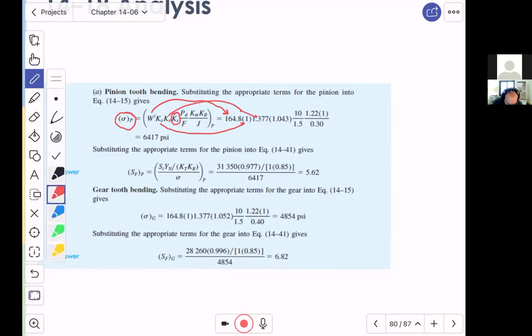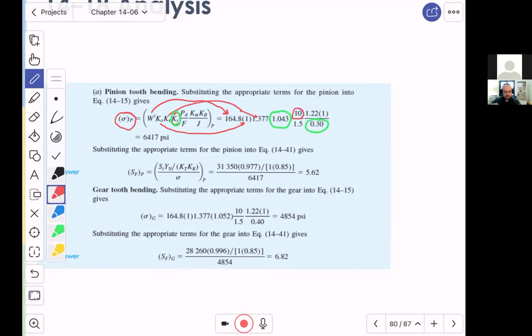I'm going to circle KS in green because KS is different. KS depends on the number of teeth. The Lewis factor Y is different, and that's why KS for the gear is different from KS for the pinion. Similarly, the book told us about J, and J for the pinion is different from J for the gear.